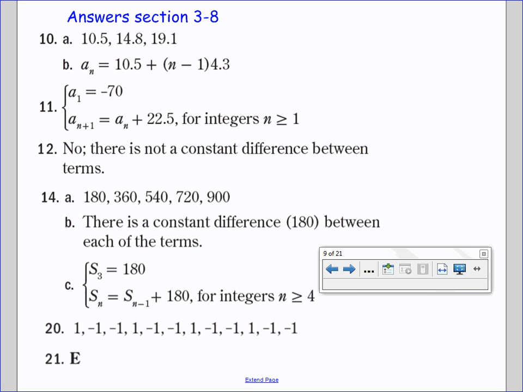We cut out 20 and 21. So we shouldn't take points off for the end? Correct.